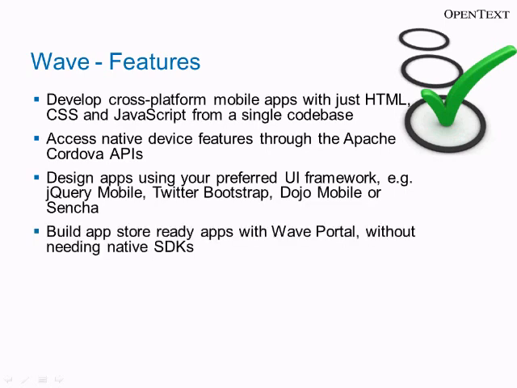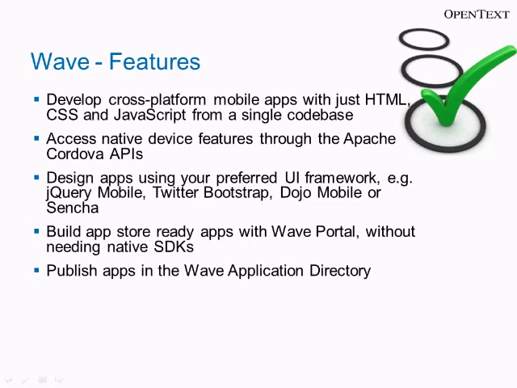You can design it according to the branding that you want to use on your applications. What that means in the end is that you will have an application that's built with the Wave 4.0 portal, and it's completely App Store ready, just like Wave 3.7.2. But you do not need any of the native SDKs. Rather than using the Wave 3.7.2 environment where you use a Wave Explorer app on the device, you don't need those anymore.